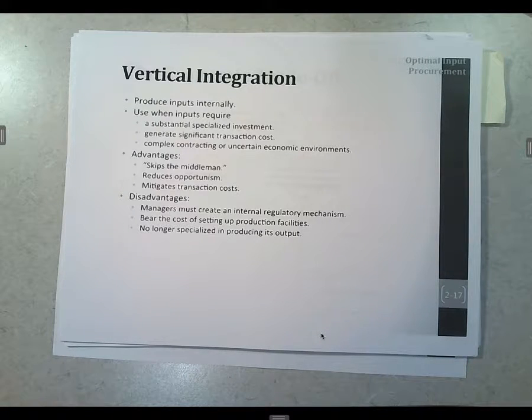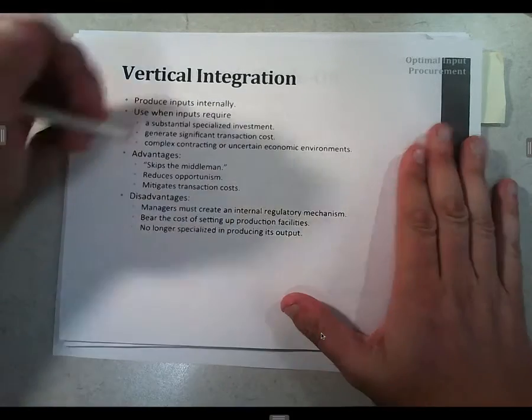The other way to do this would be to have vertical integration. And in vertical integration, again, we're talking about the firm producing the inputs themselves. Again, you don't see that often.